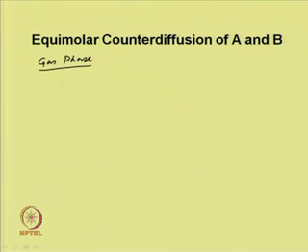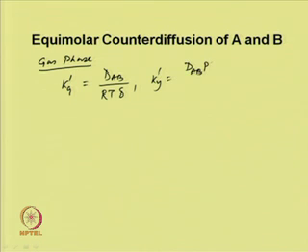Kg dash will be DAB by RT delta, Ky dash is DAB Pt by RT delta, and Kc dash is equal to DAB by delta.